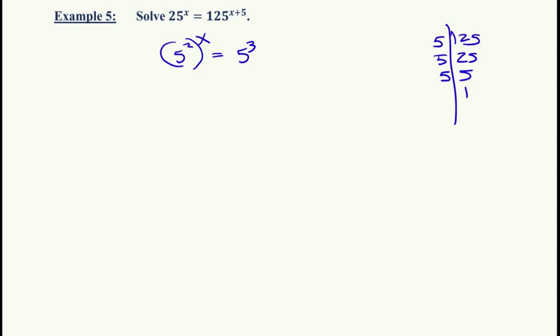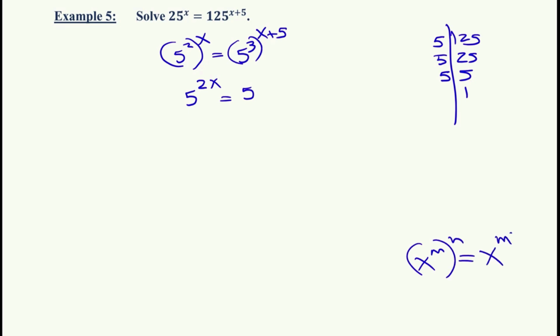So 125 is the same as 5 cubed. So we get 5 to the power of, let's not forget the x plus 5 here. Okay, so we get 5 to the 2x equals, now that 3 and the x to the 5 need to be multiplied. Of course, we're using the rule that says x to the m to the n equals x to the mn, also known as the power rule.